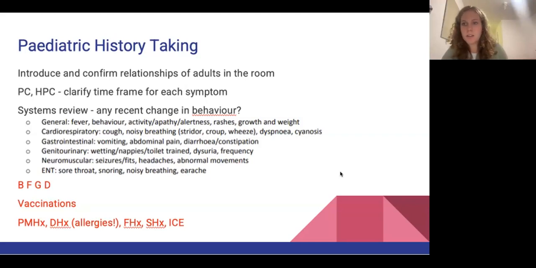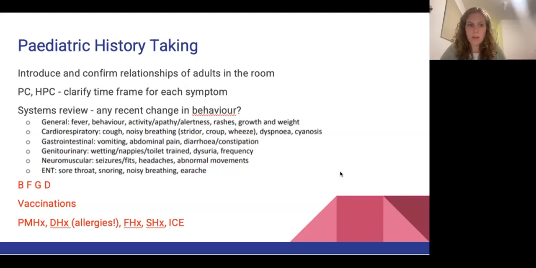Are they also eating solids already? How many solids are they eating? Is it less than usual? And then also in terms of hydration status, the nappies in babies. So you ask how many wet nappies have they been having? Is there a change in color? If it's a darker color, then of course they're more dehydrated. Yeah, so that's really important.